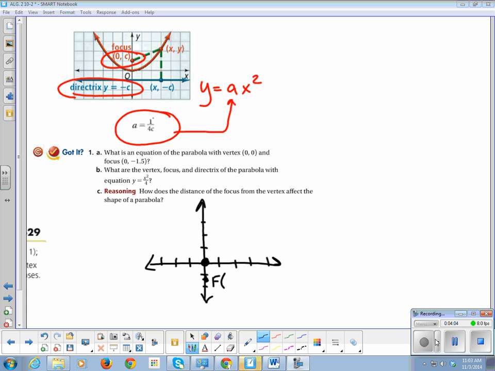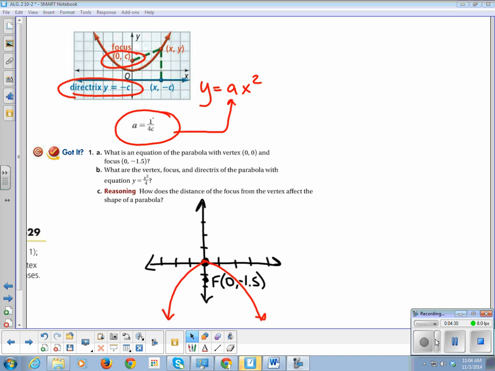I'm going to mark the focus with an F at 0, -1.5. We open around the focus, because the focus is like our precious little treasure. We just want to give it a nice little hug with our parabola arms.